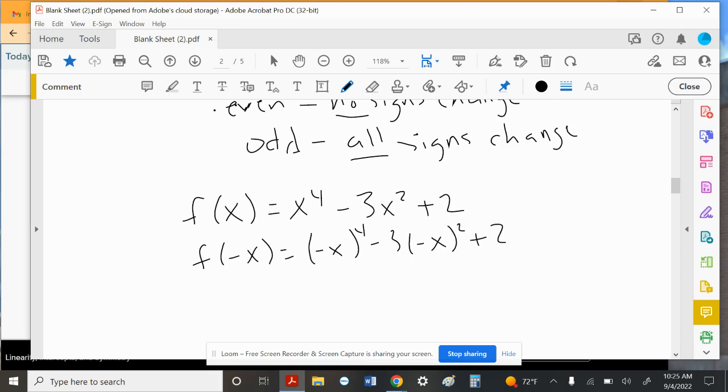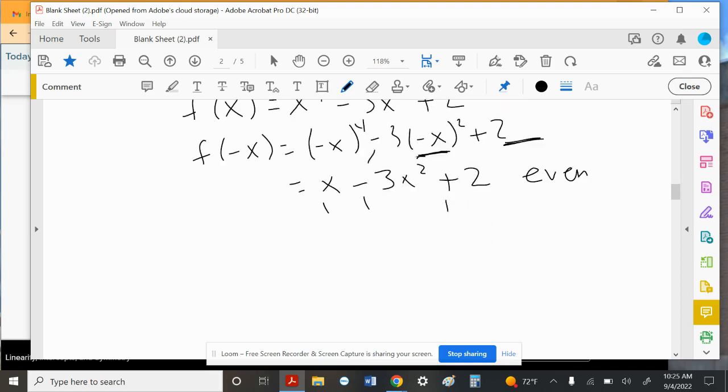Of course, anything to the fourth power, the sign's going to stay positive, so it's going to be x to the fourth. This sign's going to stay positive, so it's just x squared, but we have this minus sign in front, so it's going to be minus 3x squared. And of course, there's no x here, so that sign just stays the same. Notice that all the signs stayed the same. So this is what? An even function.